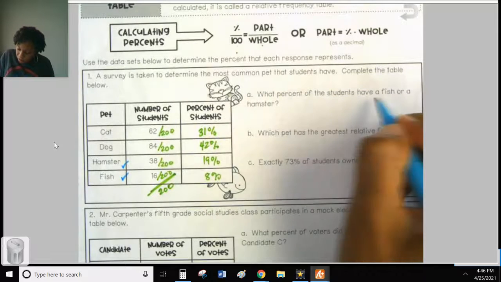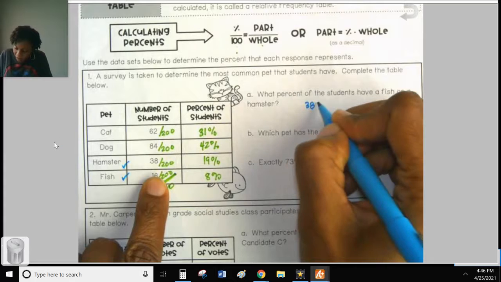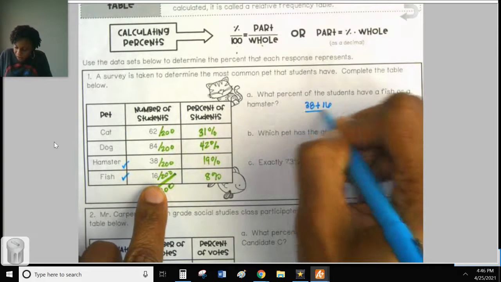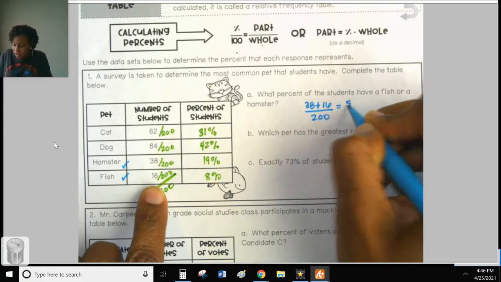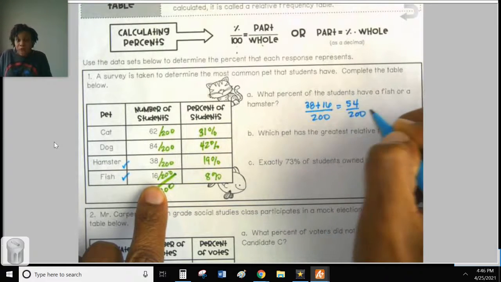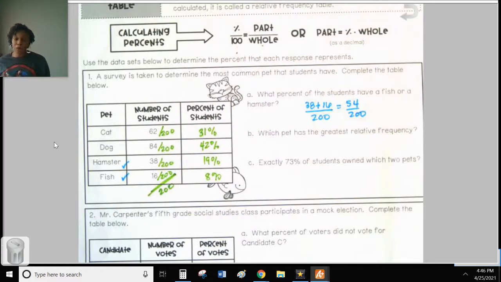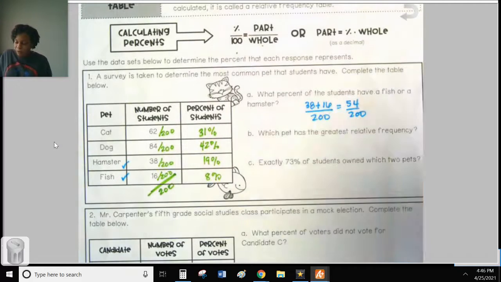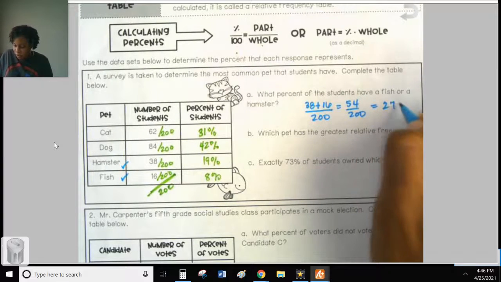So hamster is 38, that means I'm going to add 38 plus 16, and then I'm going to divide it by 200, okay? So 38 plus 16 is 54 over 200. You're going to simplify this and either get a common fraction that we know or do it once you simplify it. So this would be 27%.